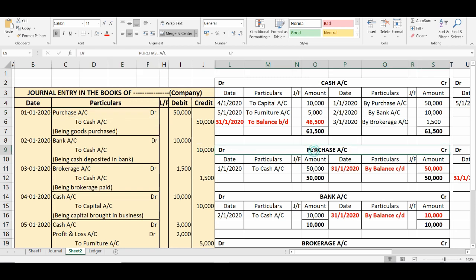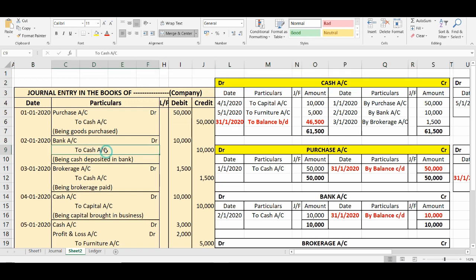So in the purchase ledger, now over here 2 ledgers will be made for the first entry. First ledger will be purchase ledger, that is the purchase account. The second ledger will be cash ledger, that is cash account ledger. So accordingly for each entry you have to prepare a ledger. So for example, now let's see the second entry is bank account to cash account.